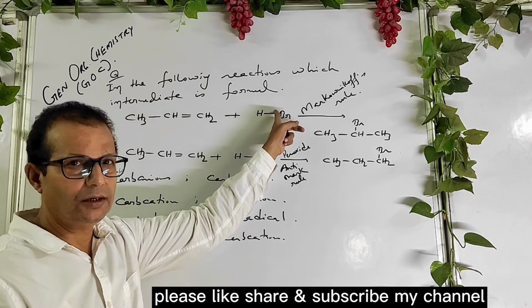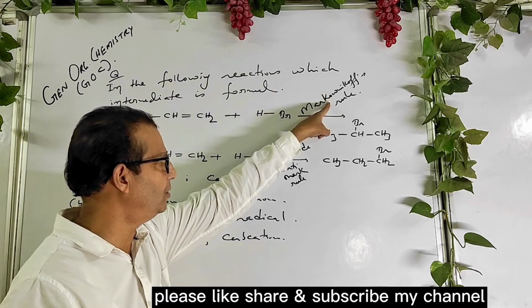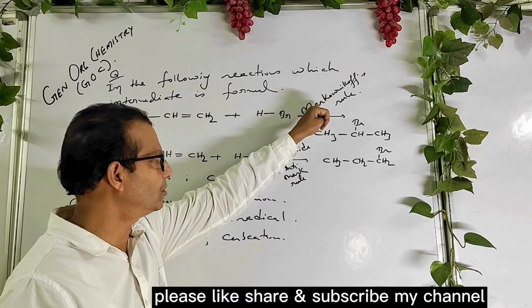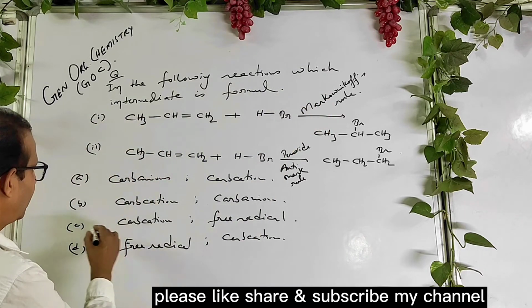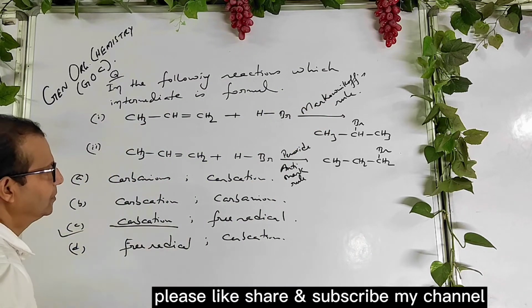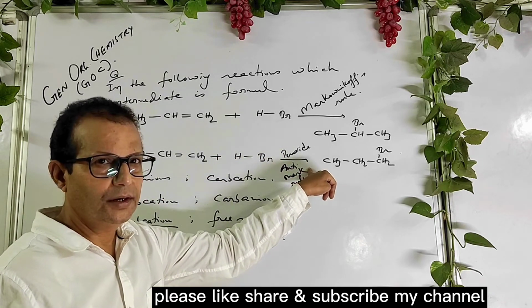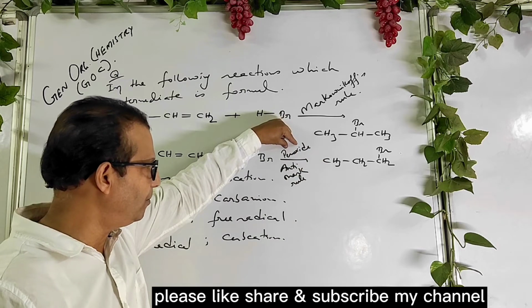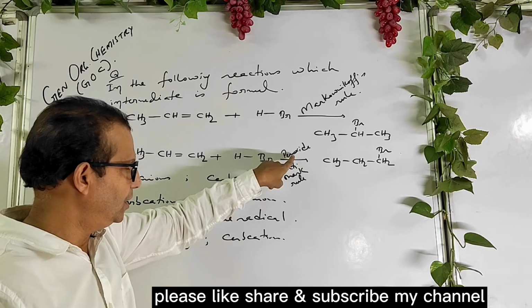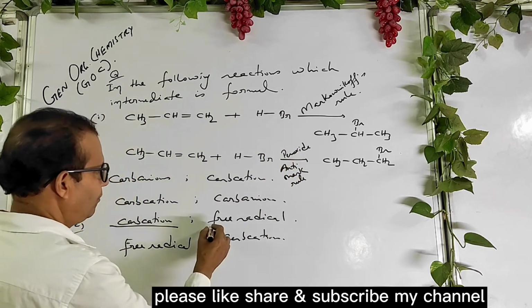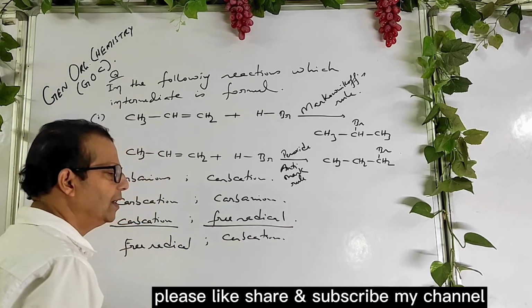Addition reaction which follows Markovnikov's rule goes through a carbocation intermediate, and if any reaction takes place in presence of peroxide, remember it always follows a free radical mechanism.